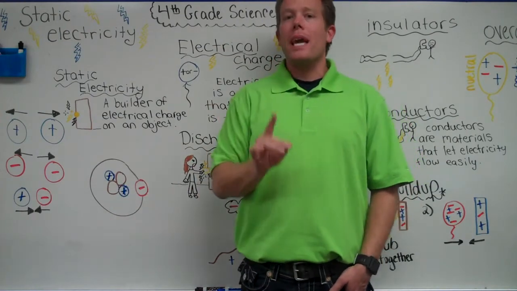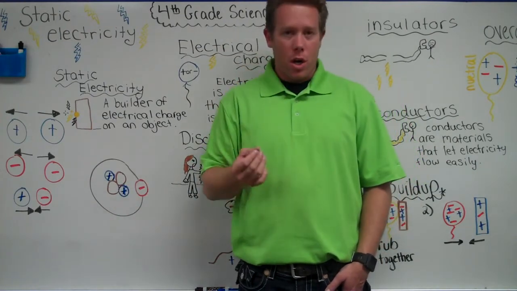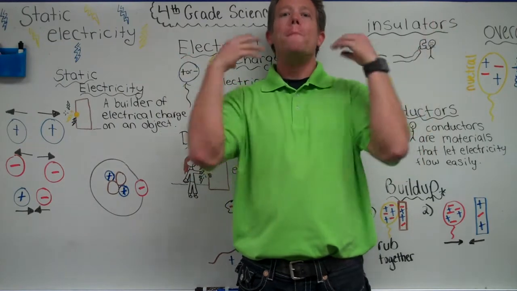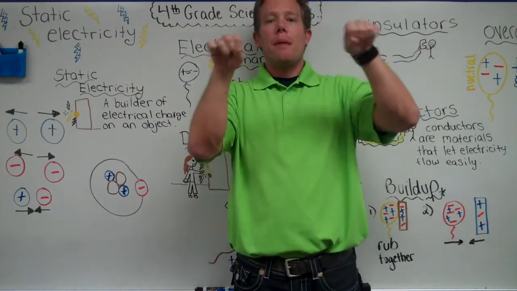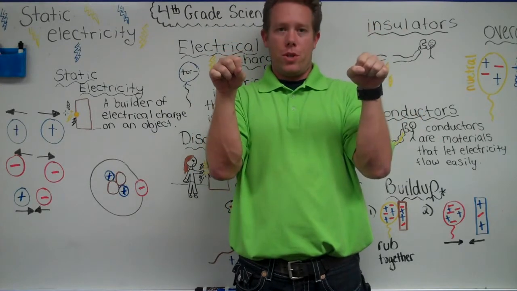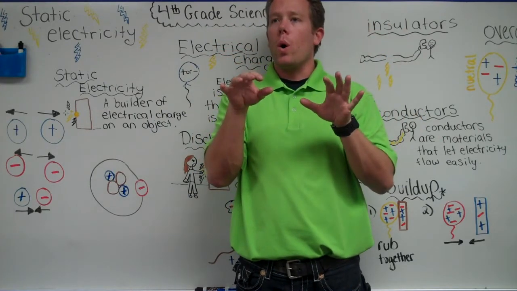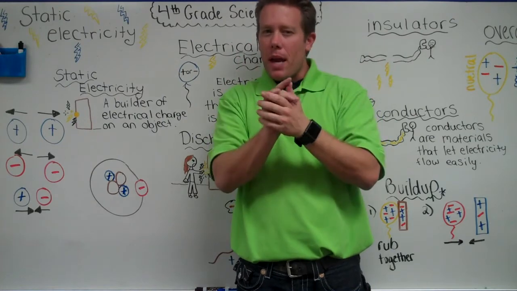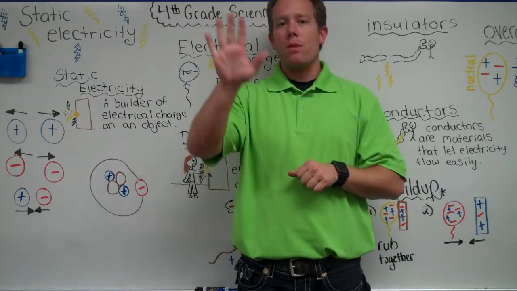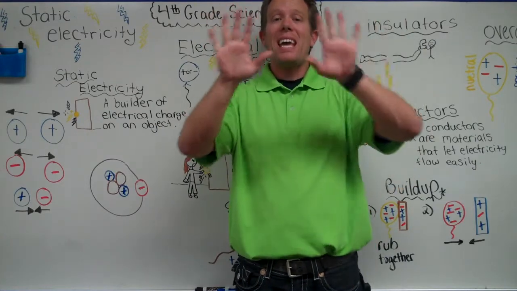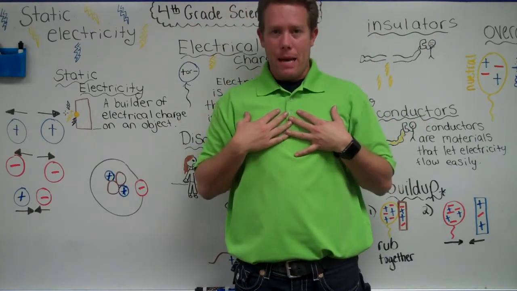Now, it's just the case that most things in nature are balanced. They have the same amount of positive charge and the same amount of negative charge. Most things in nature have the exact same amount of positive charge and negative charge inside them.